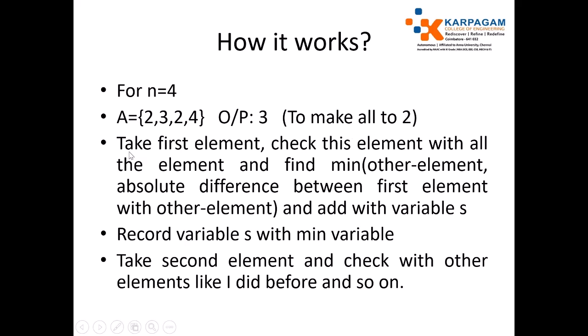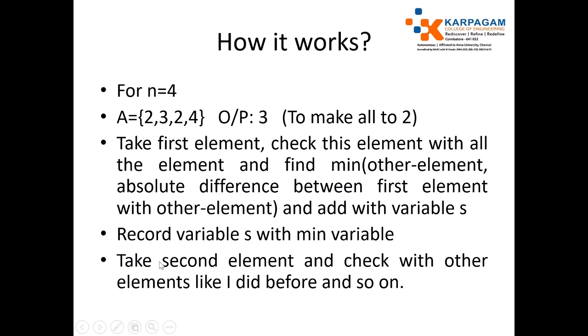For the purpose, take the first element, check it with all the other elements and find the minimum of the other element, comma, the absolute difference between the first element and the other element. Okay. And add the resultant value to s, that is the number of edits required to convert the numbers. Then record the variable s with the minimum variable.